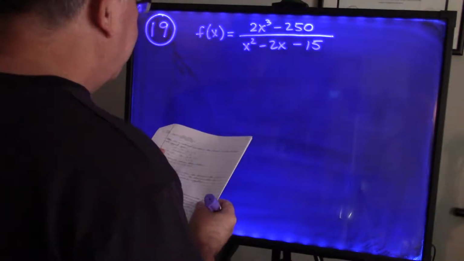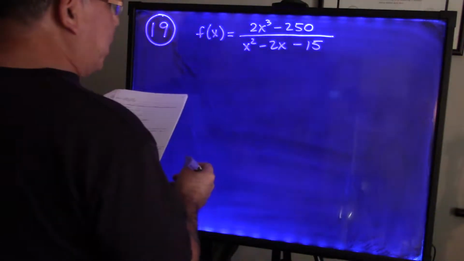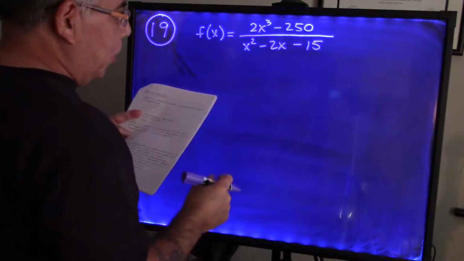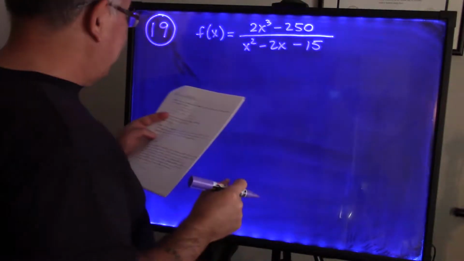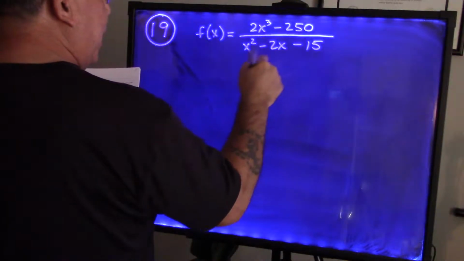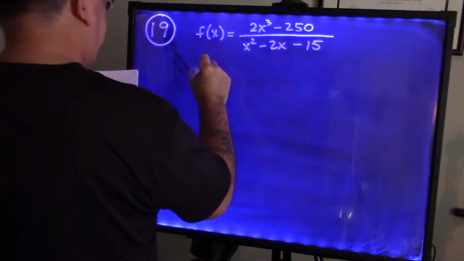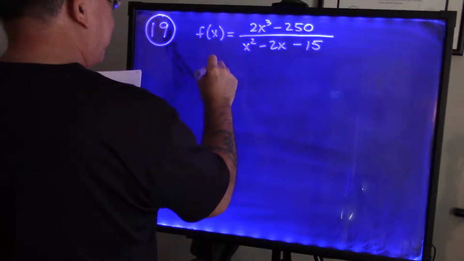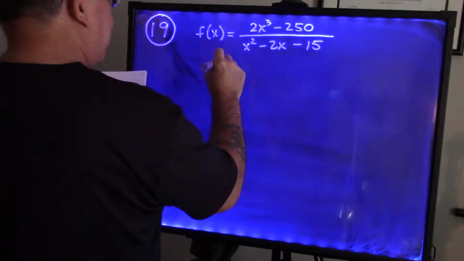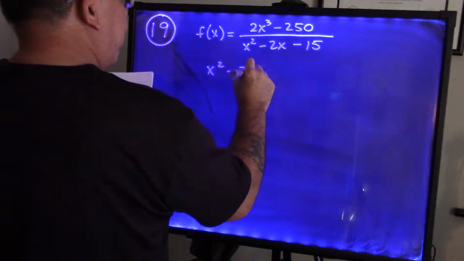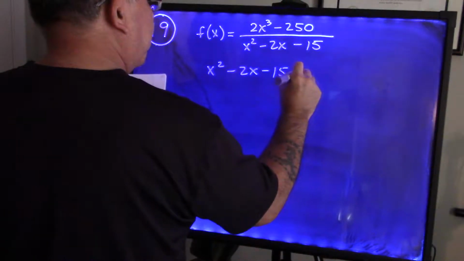So once again, we cannot have a zero denominator with these rational functions. That's the only time you're going to run into problems. So we set the denominator equal to 0 and solve for x, and that'll tell us what's not in the domain. x squared minus 2x minus 15 equals 0.